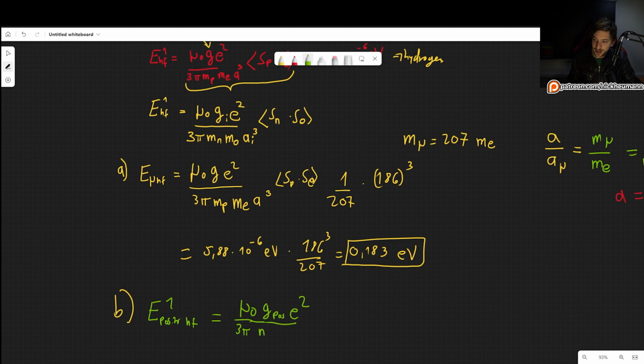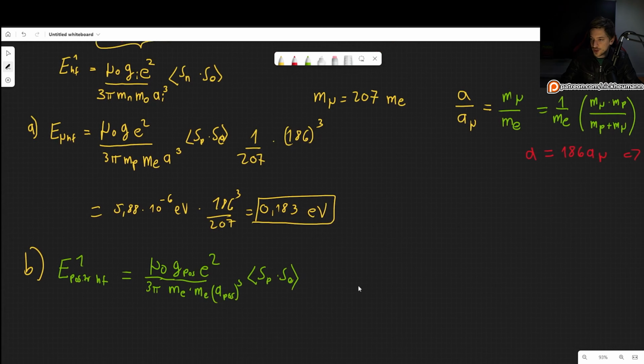Then we have the mass of the element in the nucleus, which is a positron, which has the same mass as the electron. Then we have the mass of the particle that is orbiting it, which is an electron. And then we have our modified Bohr radius for our positron. Of course, now this product, which is the same as before, I'm just going to write as sp.se. It's the same as before.